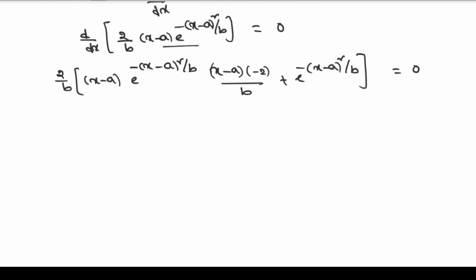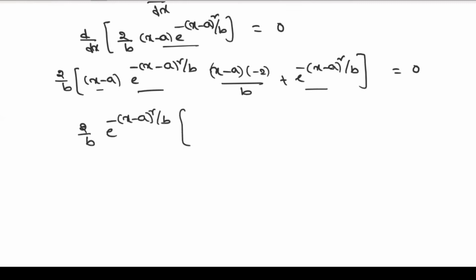Here e^(−(x − a)²/b) is a common term in the two terms, so you can take common 2/b times e^(−(x − a)²/b).